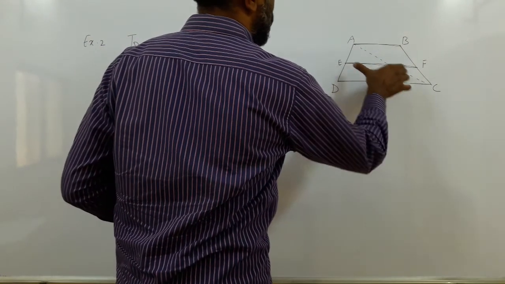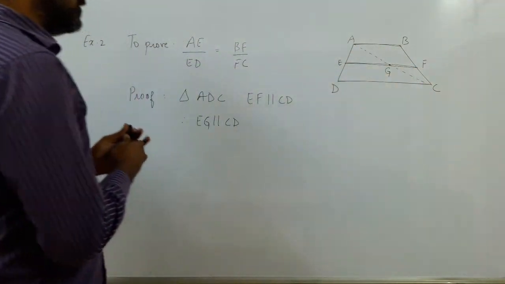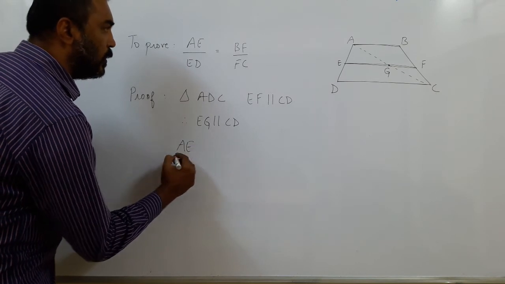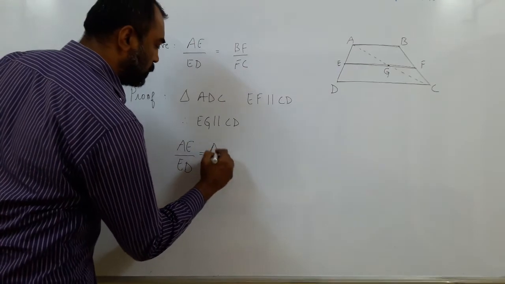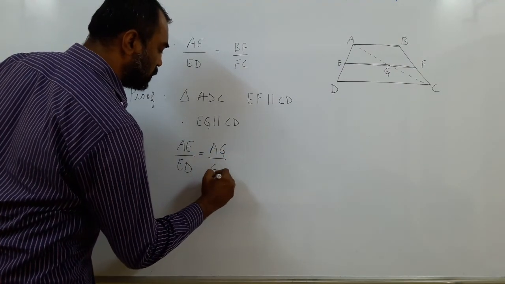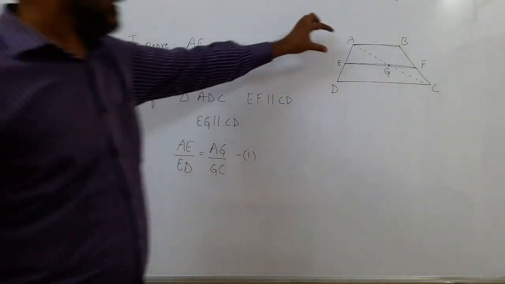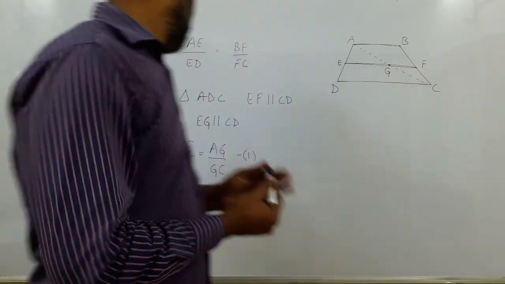Now, if a line is parallel to one side of the triangle, it divides the other two sides in the same ratio. Then from theorem 6.1 we have AE upon ED equal to AG upon GC. Check it out. AE upon ED is AG upon GC.